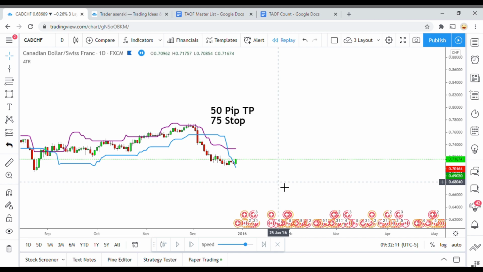So that's my thought process behind how this works. Now, I could be completely wrong. I could be completely fumbling how this thing is meant to be traded, or there may be better ways of doing it. Not really sure.